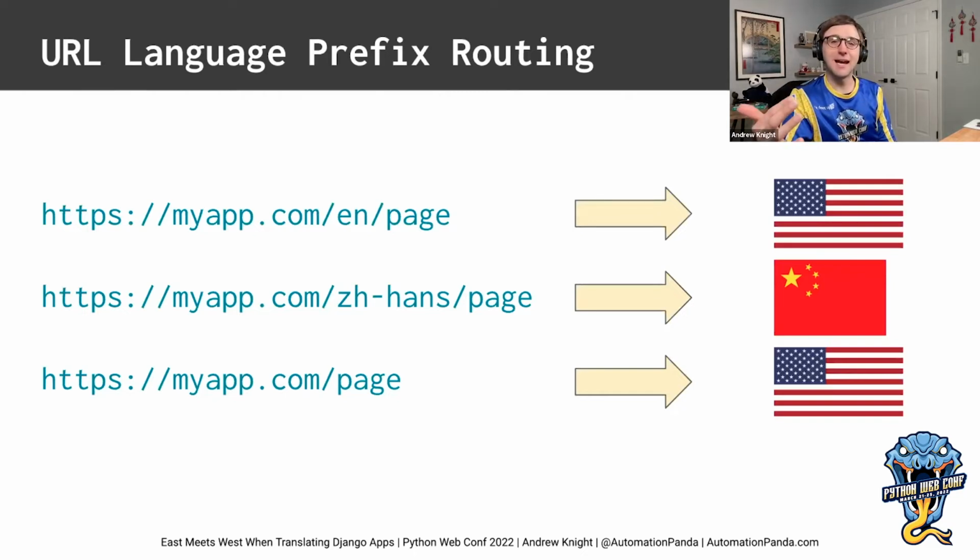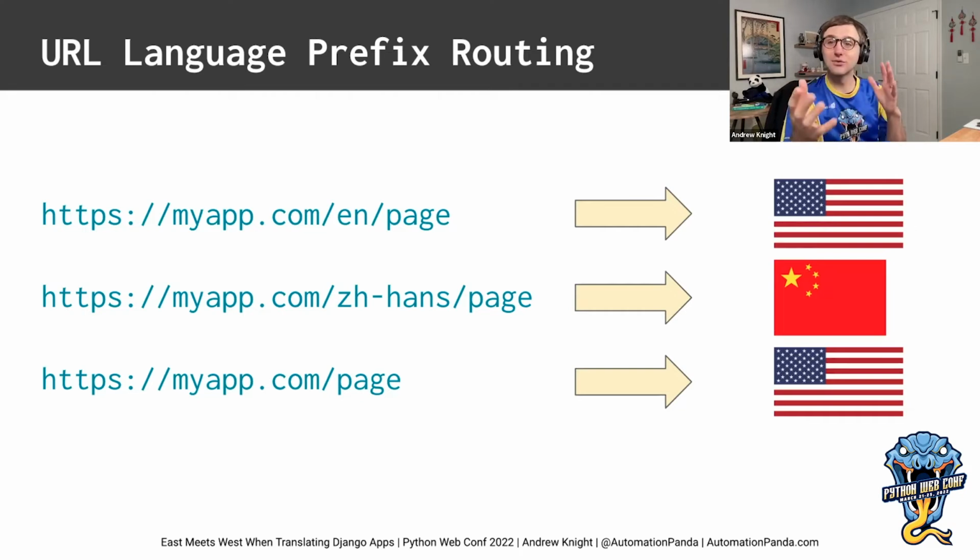Ideally, we want to be able to specify a locale prefix in our URL so that if I say I want myapp.com/en, that's going to give me a page in English, right? Whereas if I say I want my app to be zh-hans, that specifies Mandarin Chinese, simplified characters.